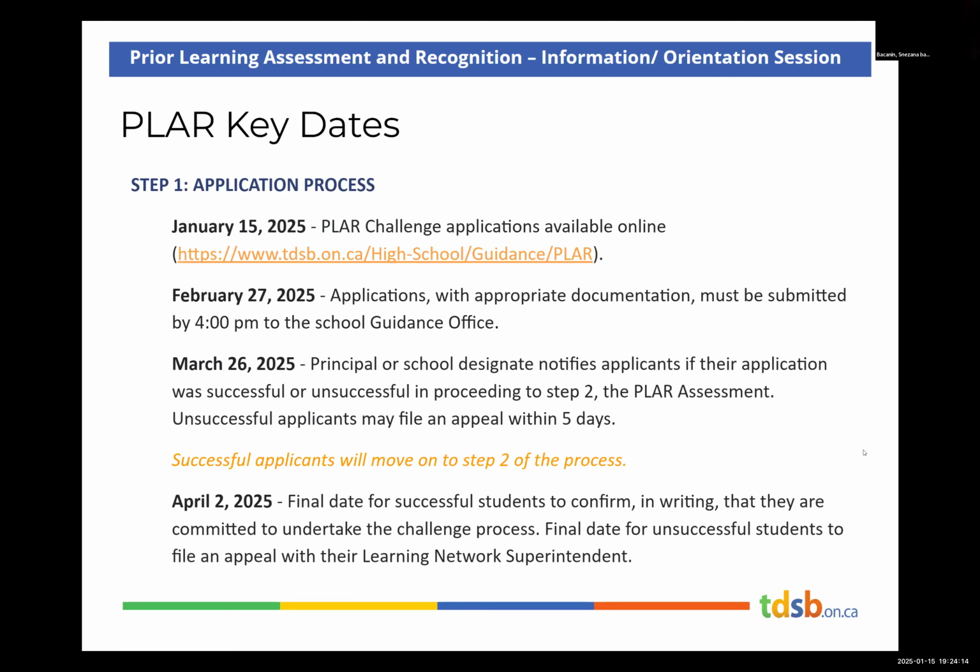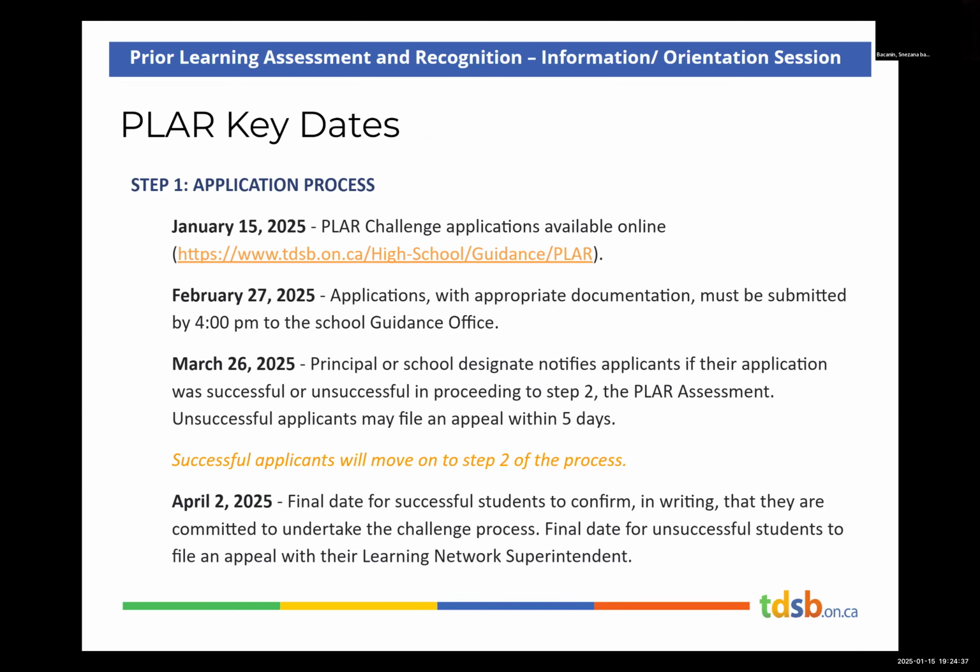So we'll just go over the key dates. January 15th is when the applications will be available online. You will find the application on the TDSB Prior Learning Assessment Recognition website. You can also speak with your guidance counselor if you need any assistance.